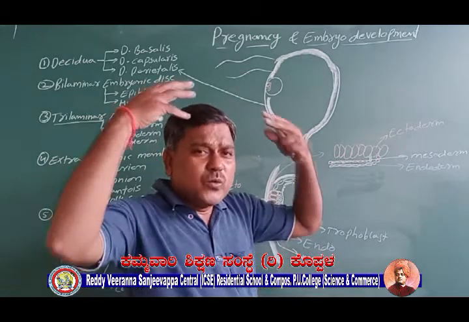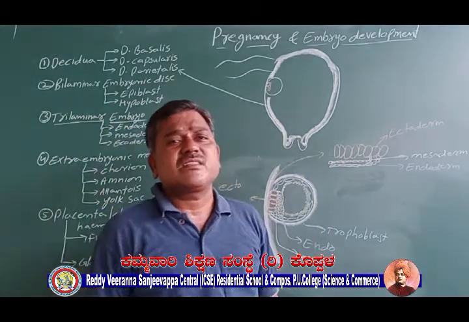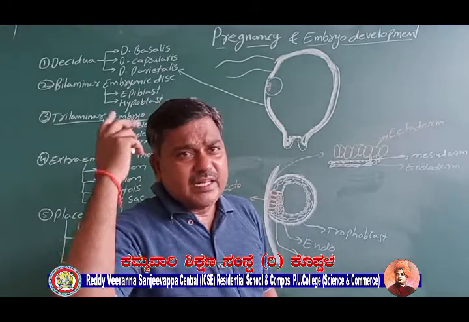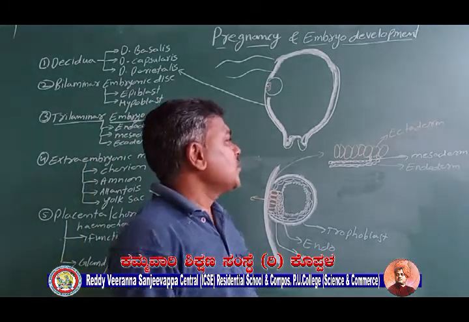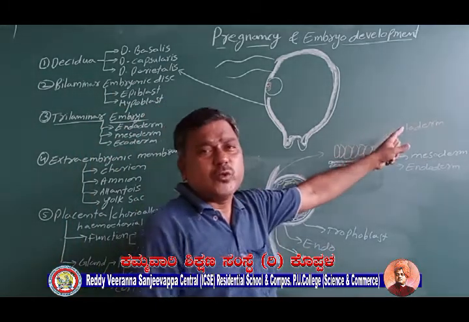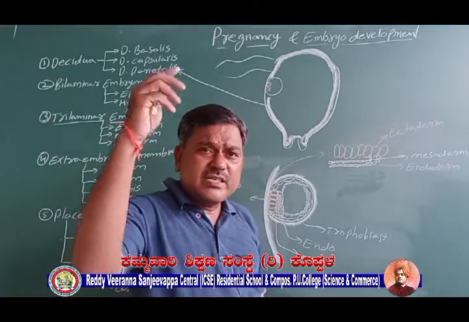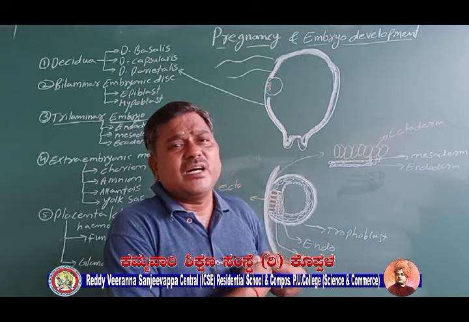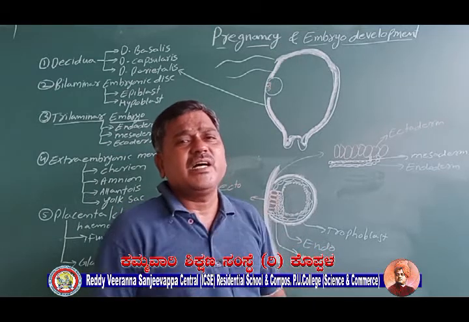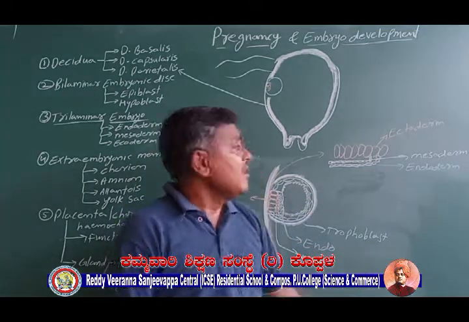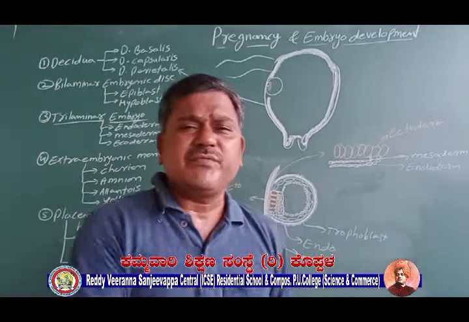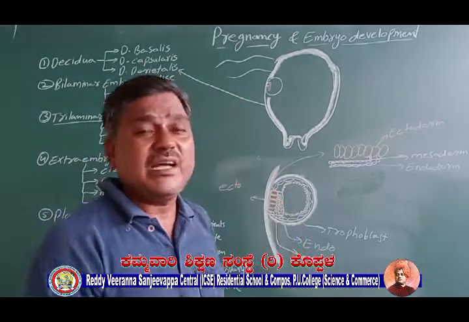Clear? So our total outer covering, that is skin, brain, neural system, is all formed from the ectoderm. Like this, if we take the example of the heart, or the gut, they are formed from the mesoderm. Like this, a number of differentiations are there, which we will study afterwards.